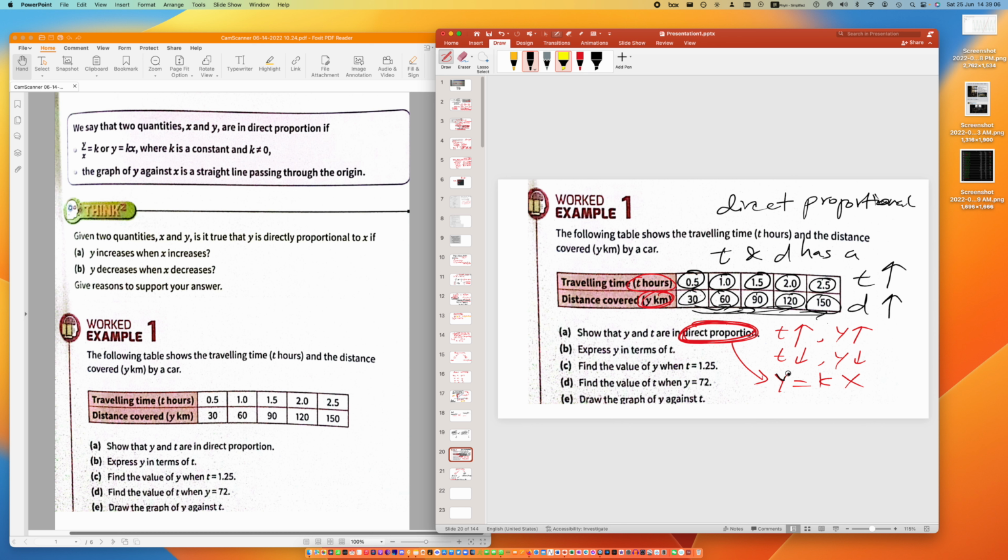My y is my y, then my t, I change the x with t. So k is a factor, and it's also a constant. Therefore, we need to find k. How to find k? Very easy.